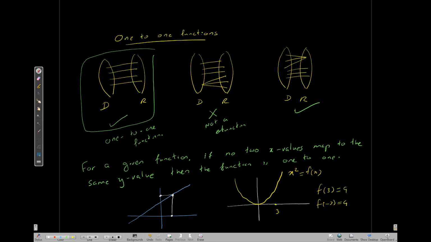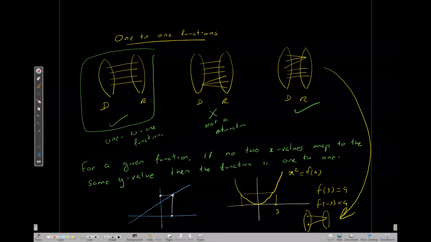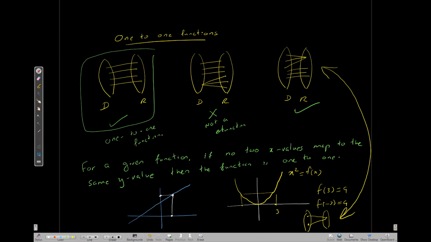That's also 9. So we have two different numbers going to the same one. So this is not one-to-one. It looks like this. It's a function, but it's not a one-to-one function. I think now you clearly understand what one-to-one functions are.